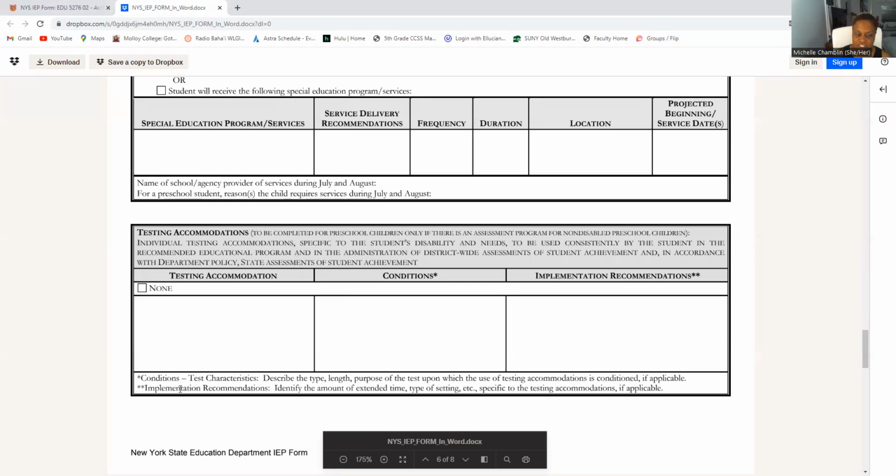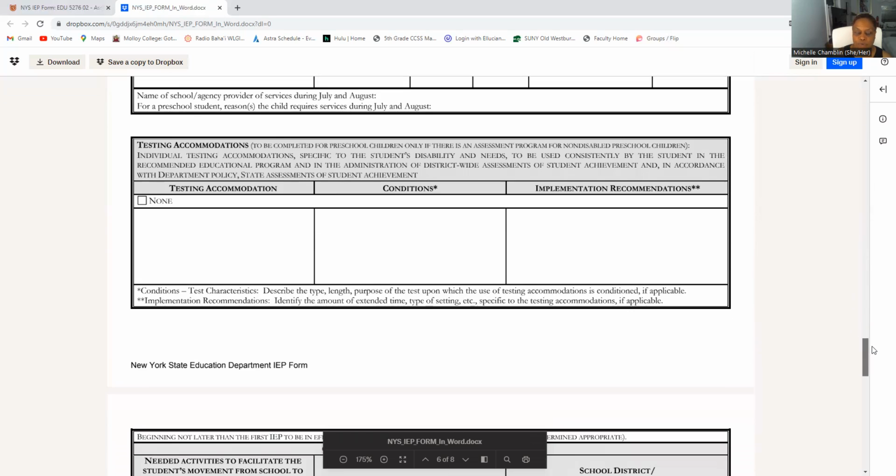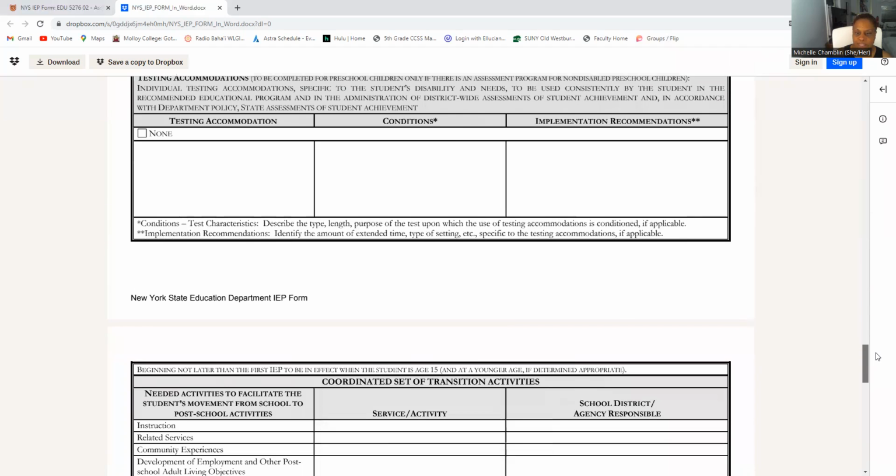So here we have what the testing accommodation is, the conditions, and then over here, the implementation recommendation, identify the amount of extended time, type of setting, etc., specific to testing accommodation. So whether it be a separate location, time and a half, all of those things would be put in that particular area.